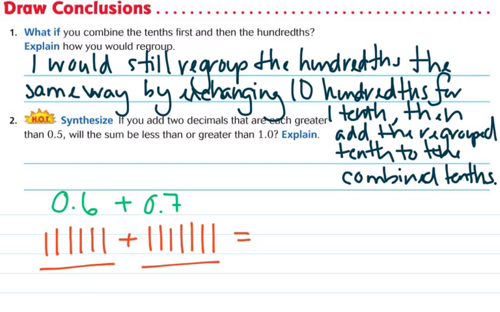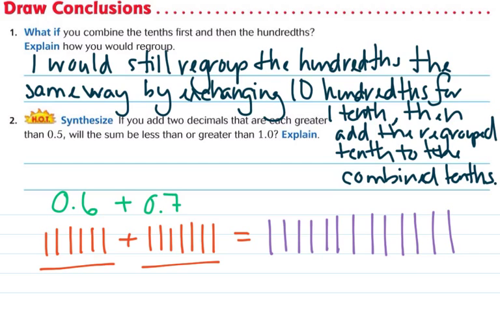So now, if we think about it, 13 longs really represents 6/10 plus 7/10, which is 1 and 3/10.